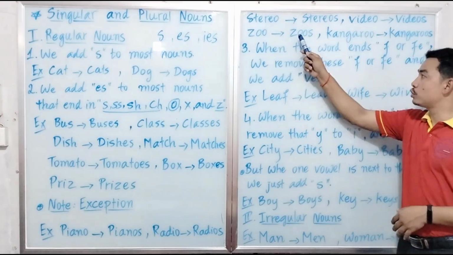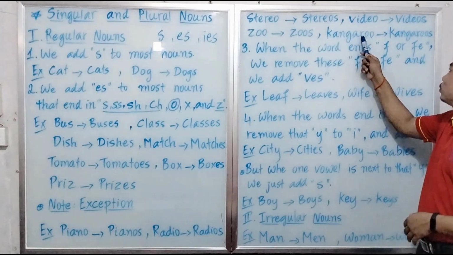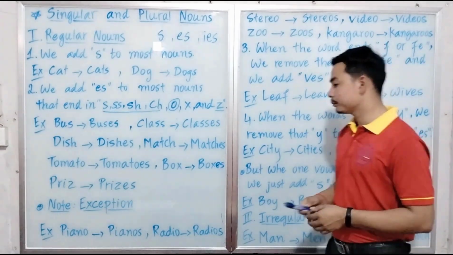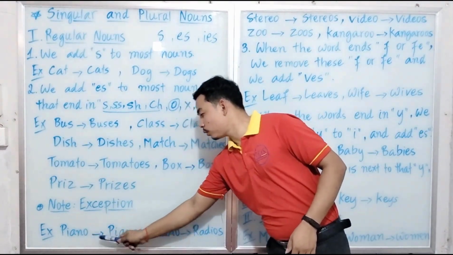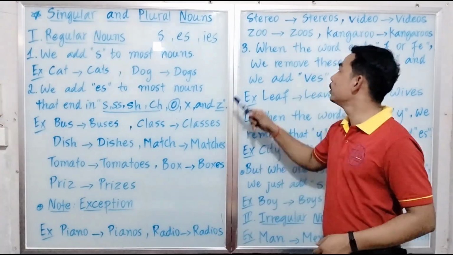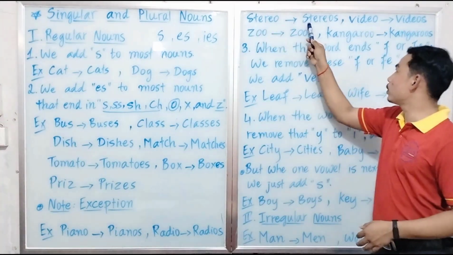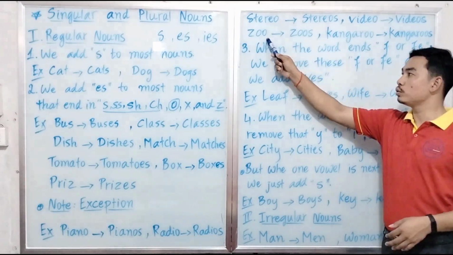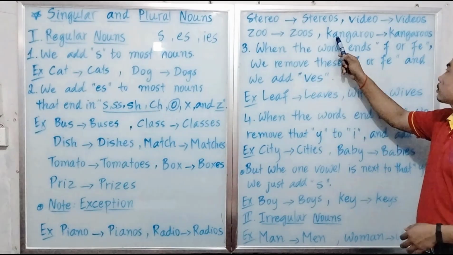Zoo, zoos. Kangaroo, kangaroos. Let me repeat for you again. Piano, pianos. Radio, radios. Stereo, stereos. Video, videos. Zoo, zoos.